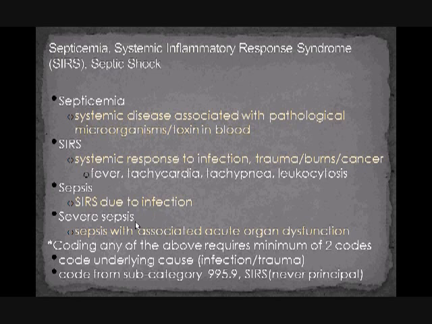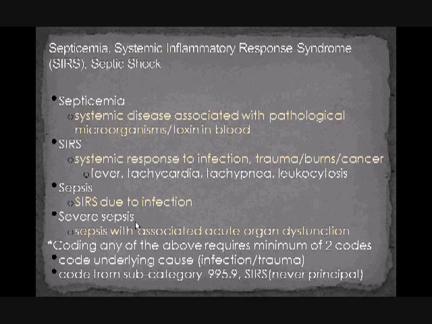If there is an organ dysfunction, then you may have to look at a separate code. So again, coding any of the above codes is going to require at least two minimum codes, because you're going to be looking at the infection, and then the outcome. So you always code the underlying cause as well.